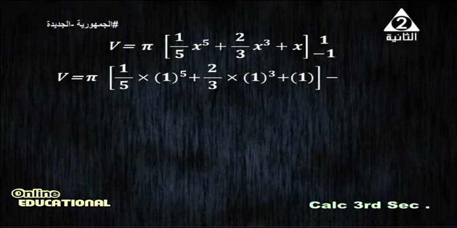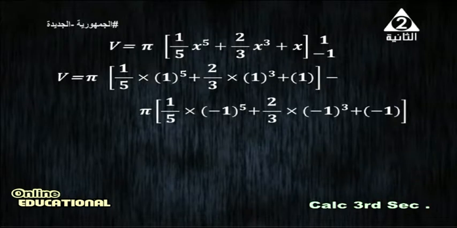Then V equals pi times the first bracket 1 over 5 multiply 1 to the power 5 plus 2 over 3 multiply 1 to the power 3 plus 1, minus another bracket 1 over 5 times -1 all to the power 5 plus 2 over 3 multiply -1 all to the power 3 plus -1.